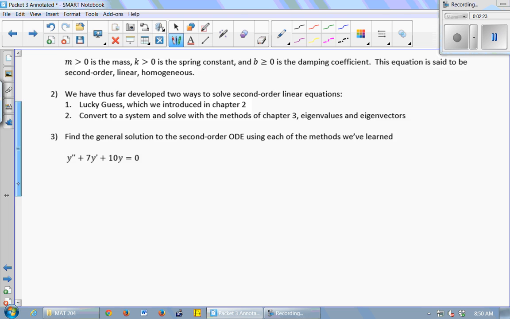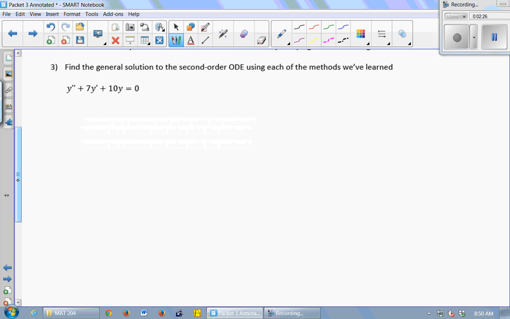All right, so if I convert this to a system, you make y prime equal to v, and then v prime would be negative 7v minus 10y. Because v prime is actually y double prime, so you solve for y double prime and replace the y prime with a v. Then we write this in matrix form. So I'm going to say y prime, v prime.